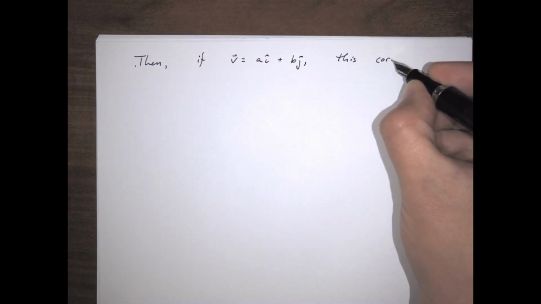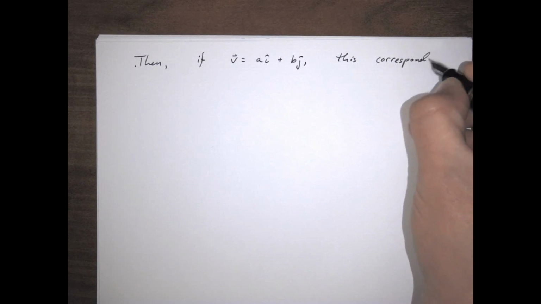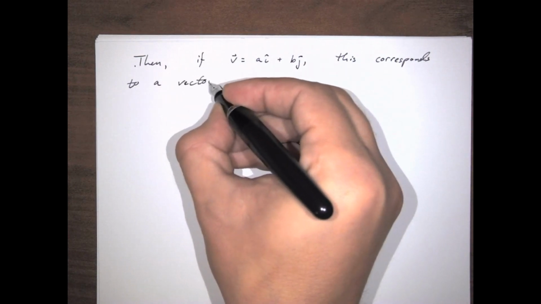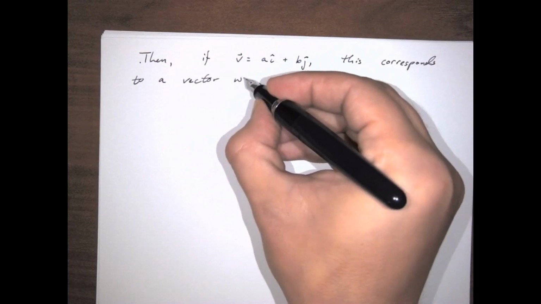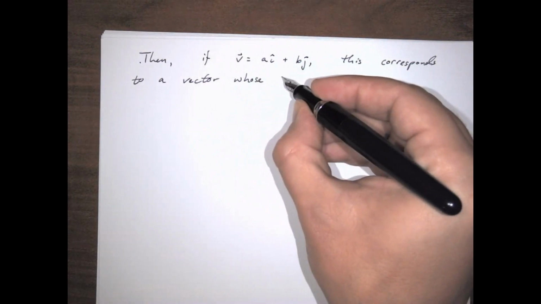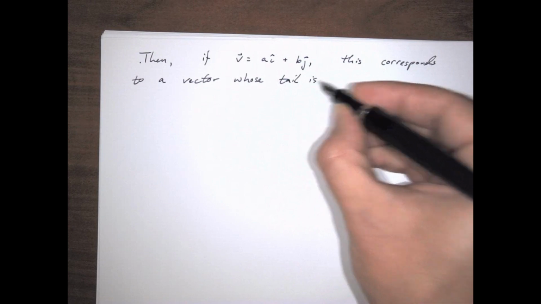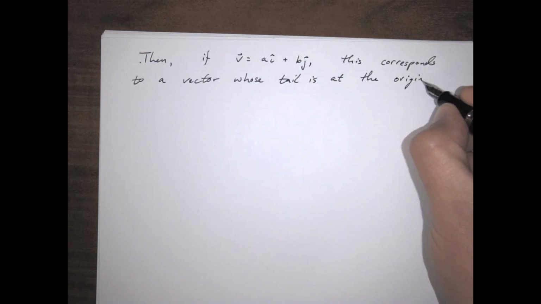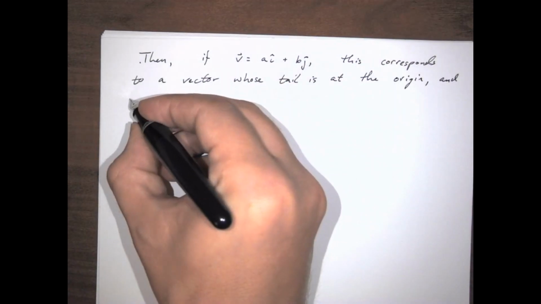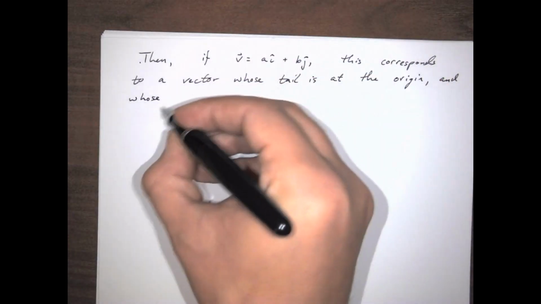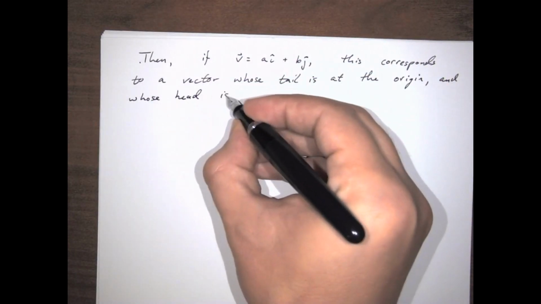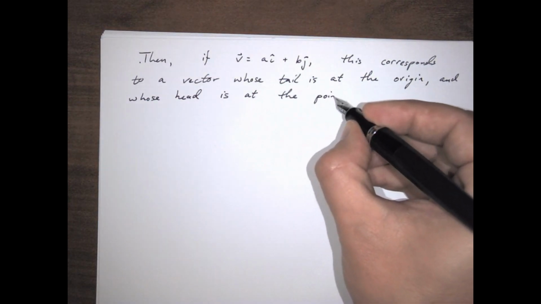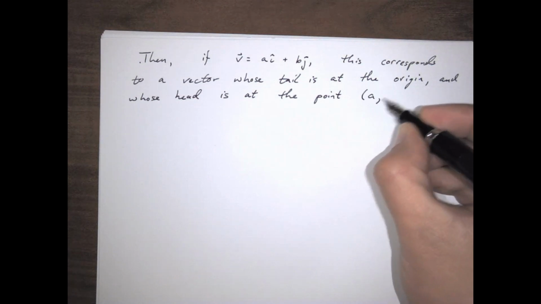this corresponds to a vector whose tail is at the origin and whose head is at the point (a, b).